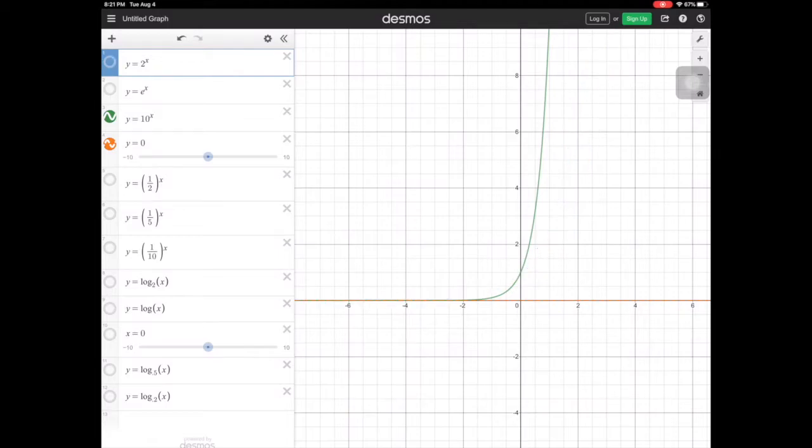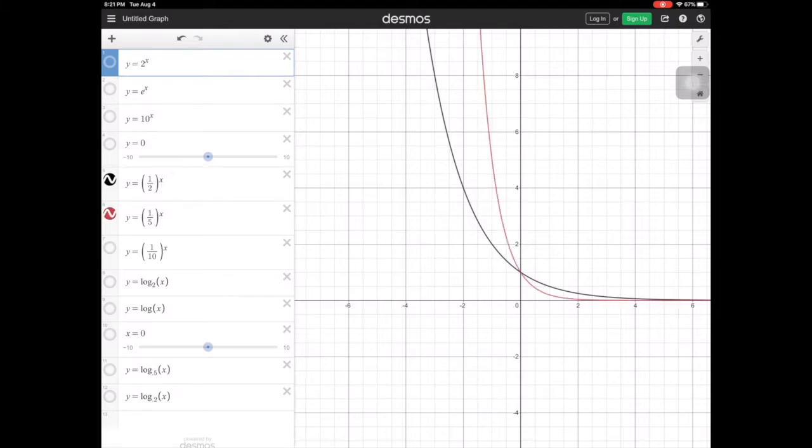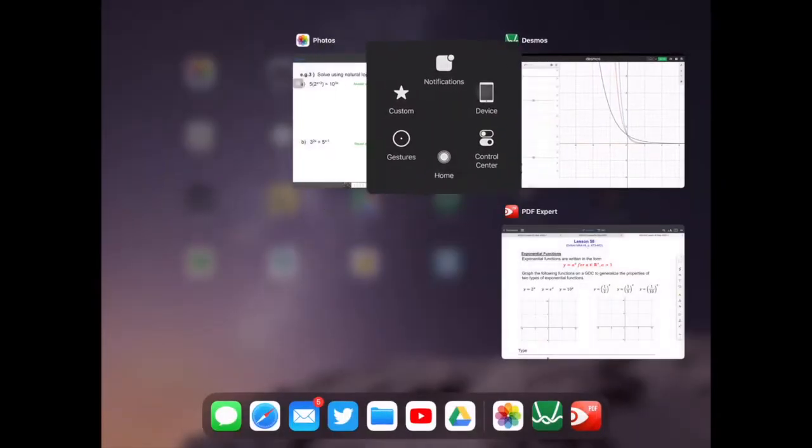For the next three graphs, we have y equals half to the power of x, y equals 1/5 to the power of x, and y equals 1 over 10 to the power of x. You'll notice that the x-axis still serves as the horizontal asymptote, but in this case, all three graphs are decreasing. They are decays. So let's switch back to the lesson.